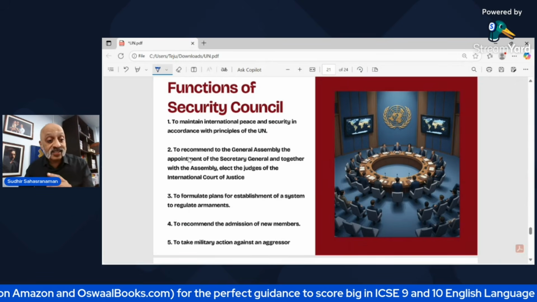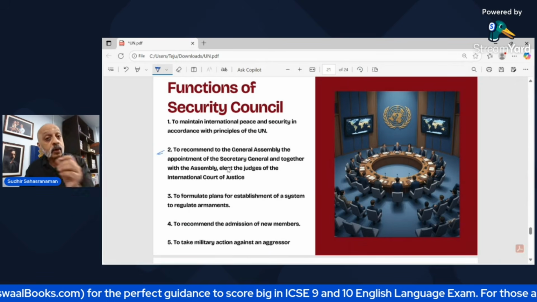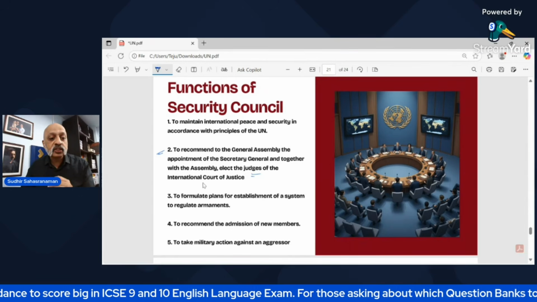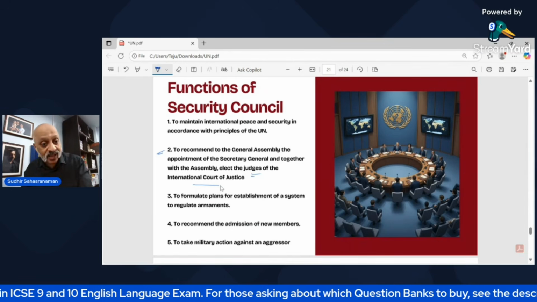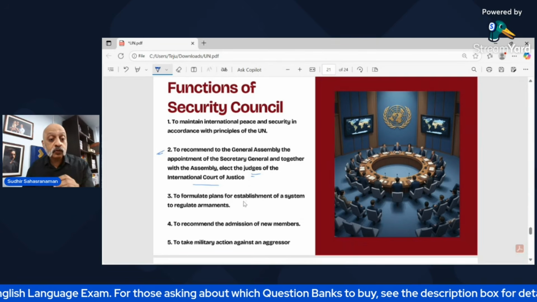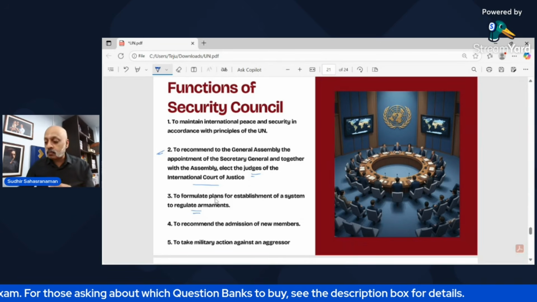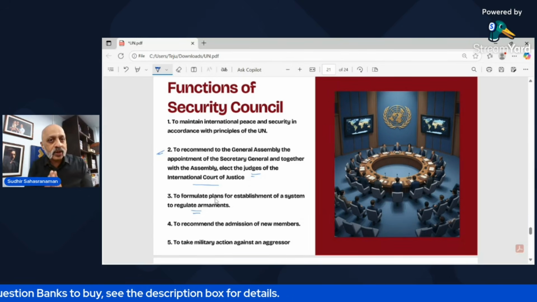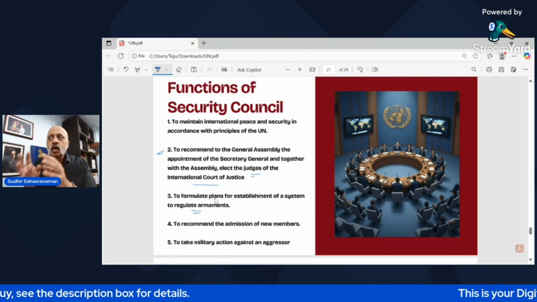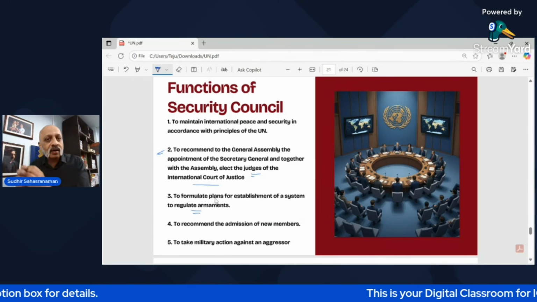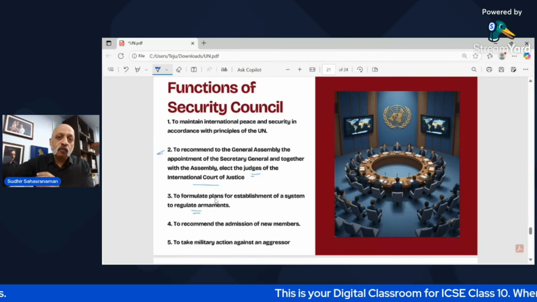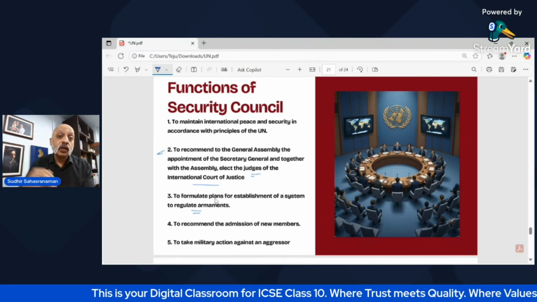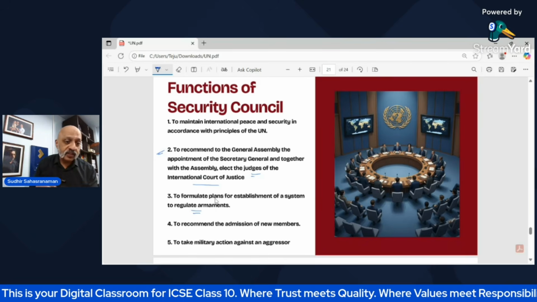To recommend to the General Assembly, this one is important, the appointment of the Secretary General, and together along with the General Assembly, they elect the judges of the International Court of Justice as well. They formulate plans for the establishment of a system to regulate armaments, not like any country can keep on holding arms. Again, the UN has been largely unsuccessful, though in the 90s and the early part of the 21st century, they were kind of going after certain countries like Iraq, etc., to ensure that they did not have different kinds of dangerous weapons.